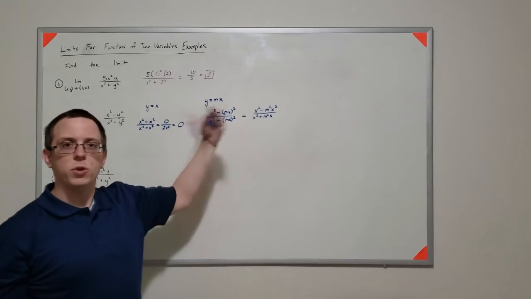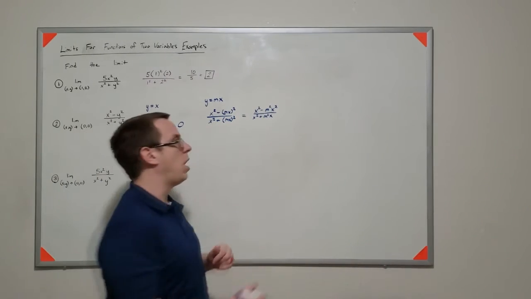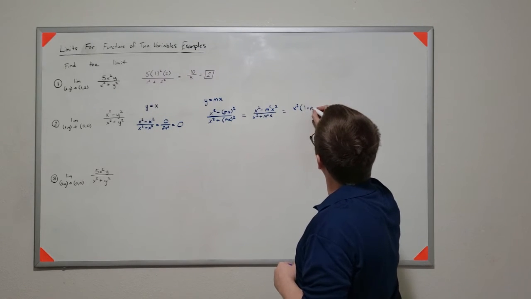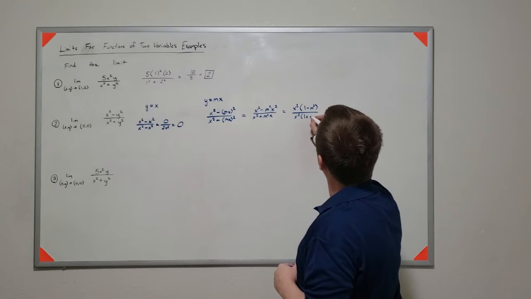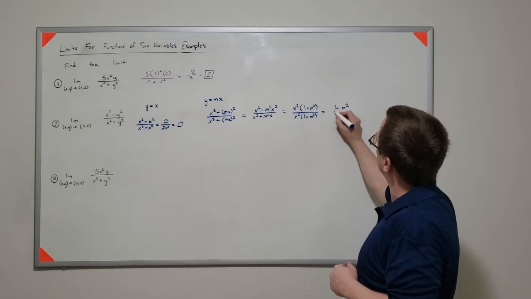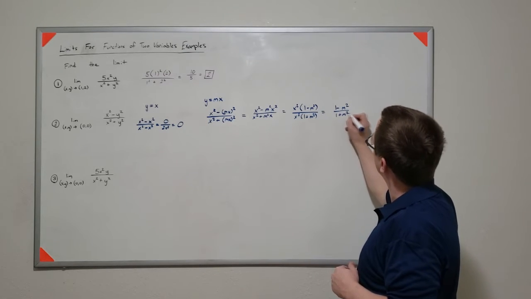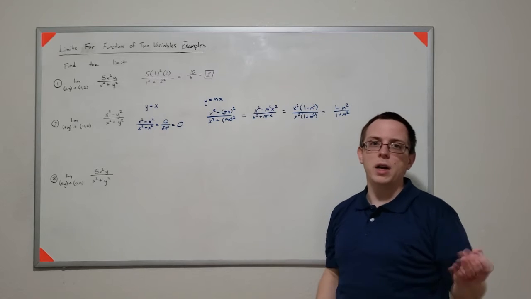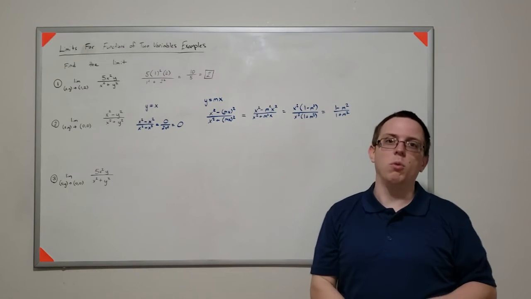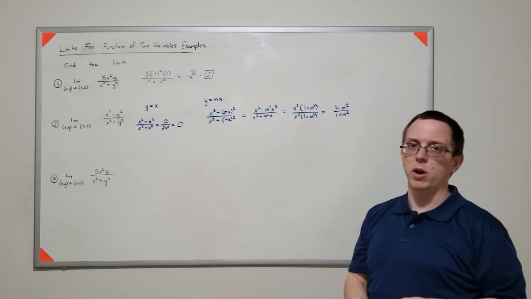Now what we see is there's an x squared in common on top and bottom. So what we find is 1 minus m squared on top, 1 plus m squared on bottom.